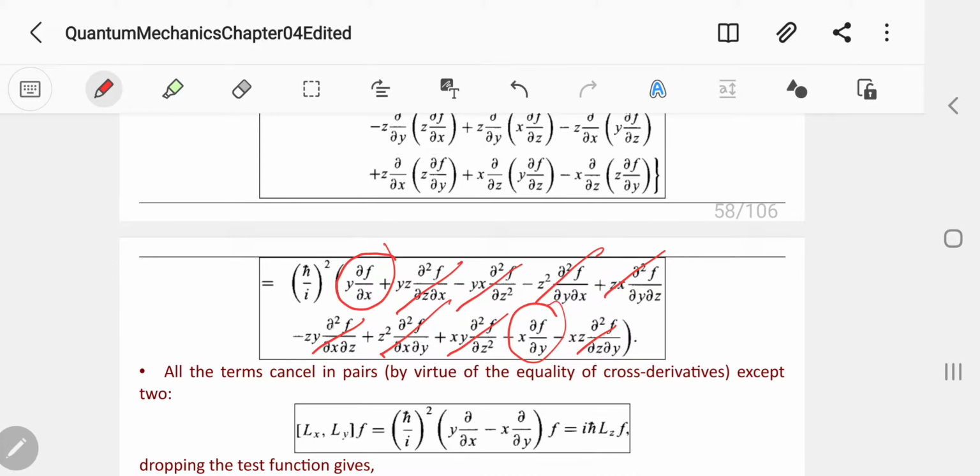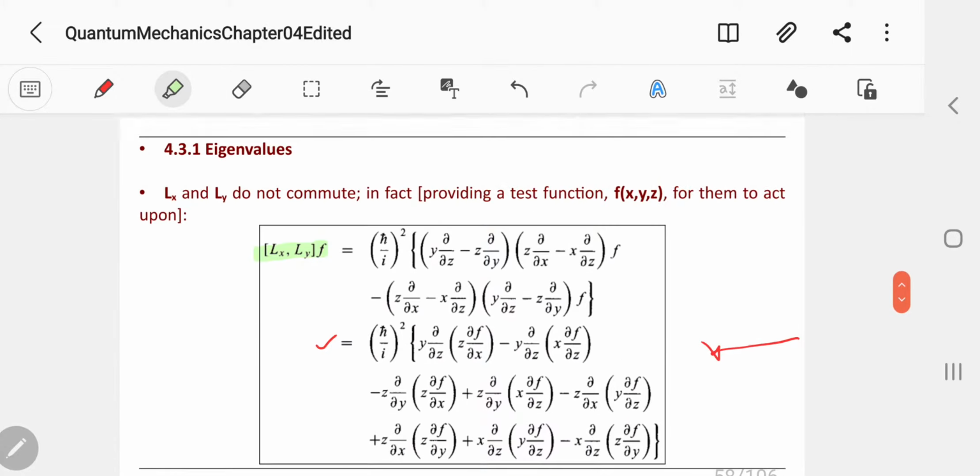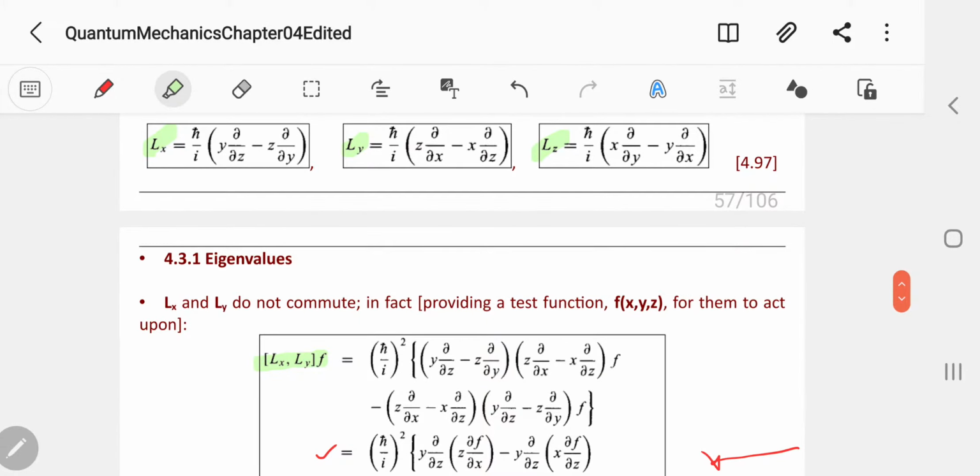And if you take off the f, you will have this equal to this one, and then this one is just Lz, the definition of Lz here. So that's the result.